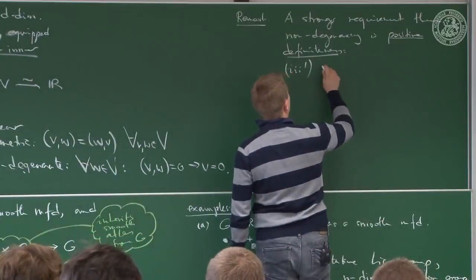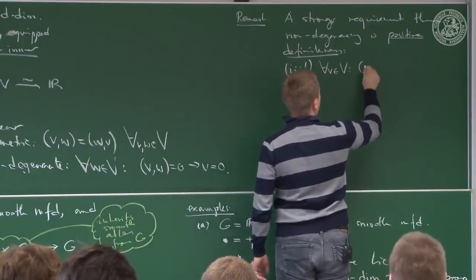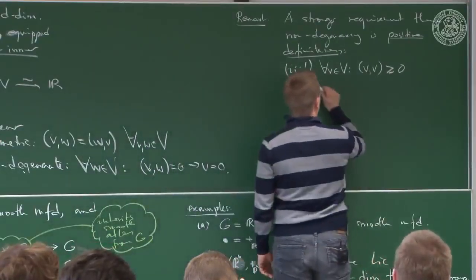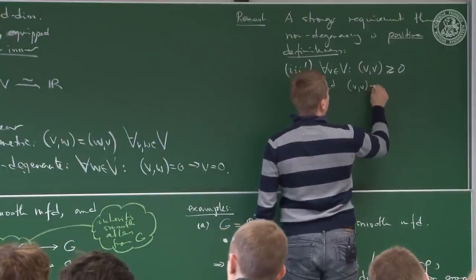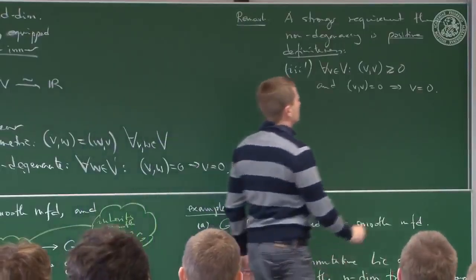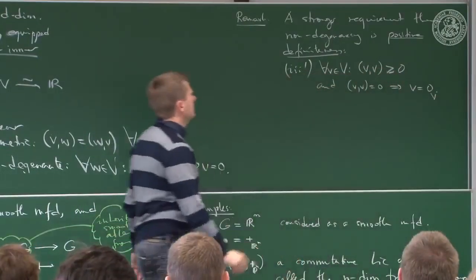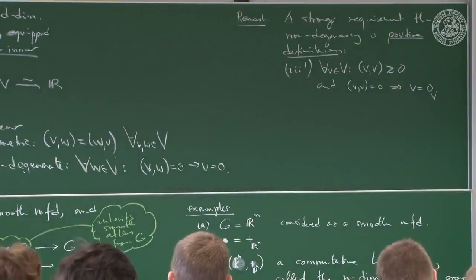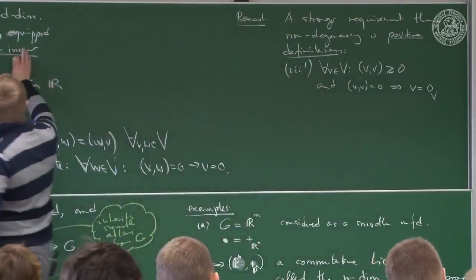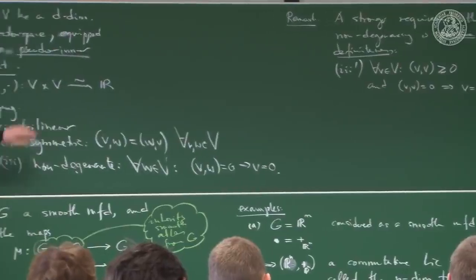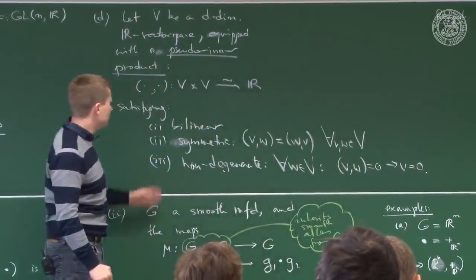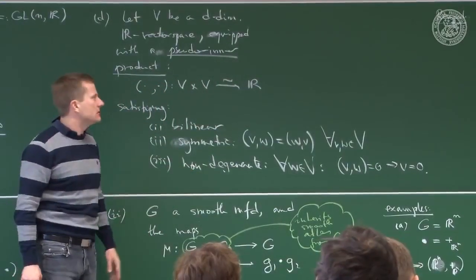And that says that for all v in V, ⟨v,v⟩ is always greater or equal to 0, and ⟨v,v⟩ equals 0 already implies that v was the 0 vector in capital V. And in that case, if 3 is replaced by 3 prime, we call the whole thing an inner product. And the pseudo is owed to the fact that I weakened the positive definiteness condition to only a non-degeneracy condition.